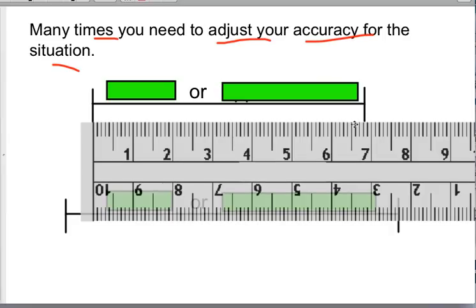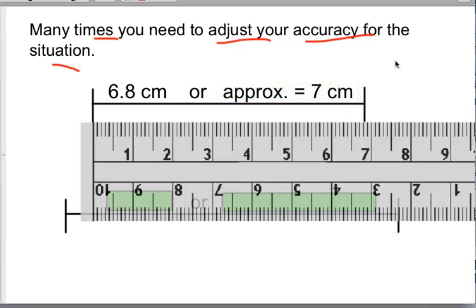When we measure this line, we see that we don't quite make it to 7 full centimeters. So we could be very, very precise and say that this is 6 full centimeters, and then 1, 2, 3, 4, 5, 6, 7, 8 millimeters, which would give us 6 8/10 of a centimeter. Or we could just round this up and say we have approximately 7 centimeters.